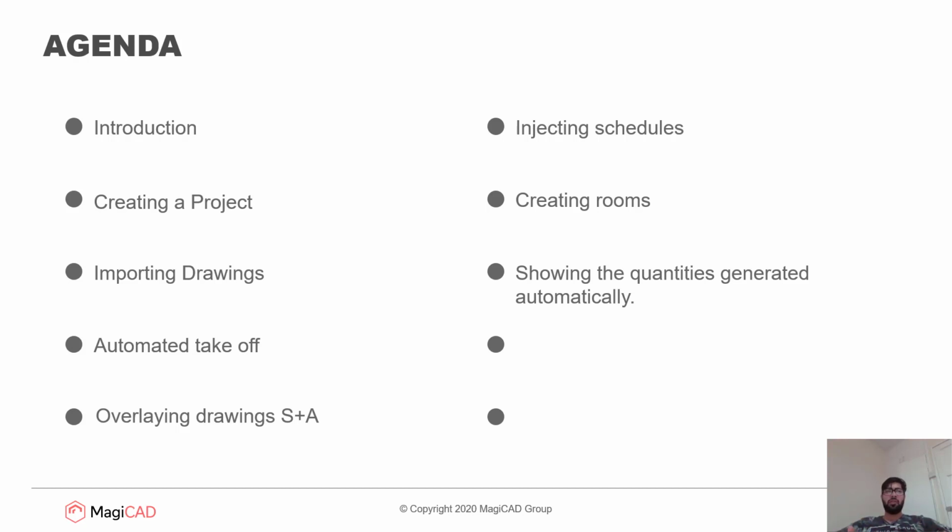And finally, if you have some schedules available, let's say a door or window schedule or a room schedule, then I'll show you how we can import it, whether that's from a CAD drawing or an Excel file. Finally, creating room types, and each room type can have its own custom parameters. And finally, show the quantities we generate, and of course they can be exported to Excel as well.